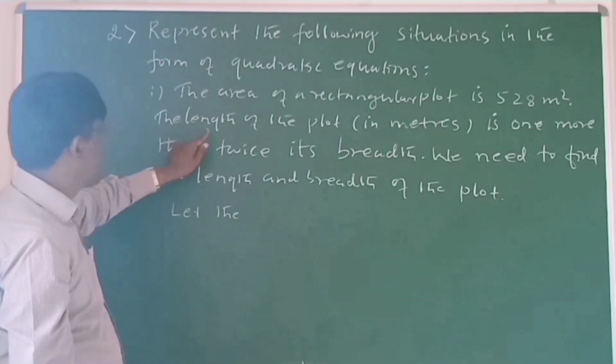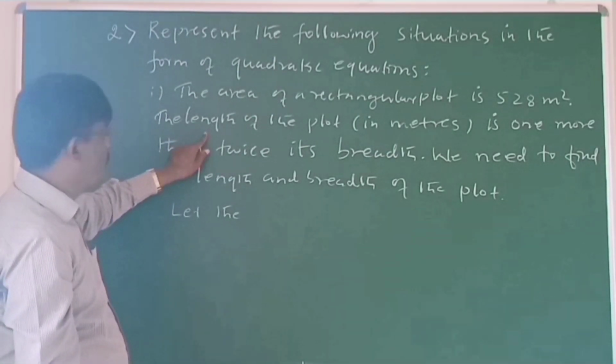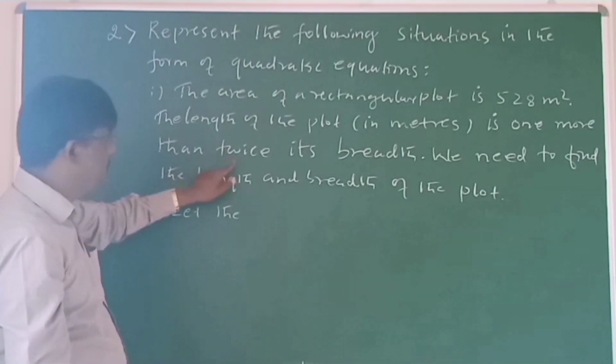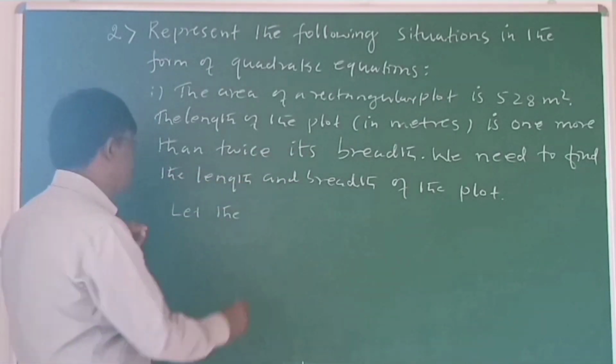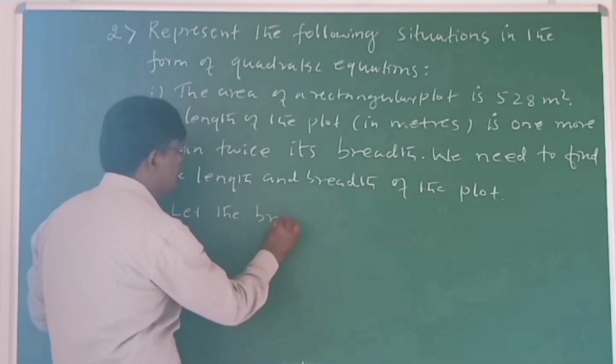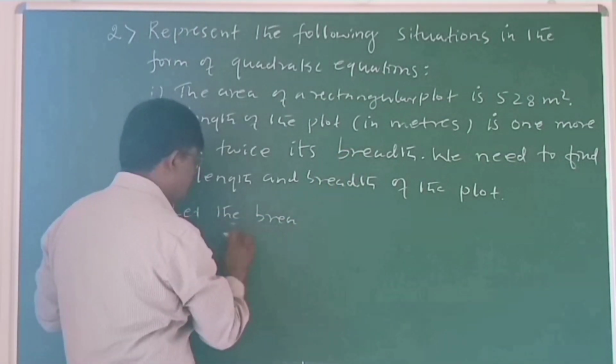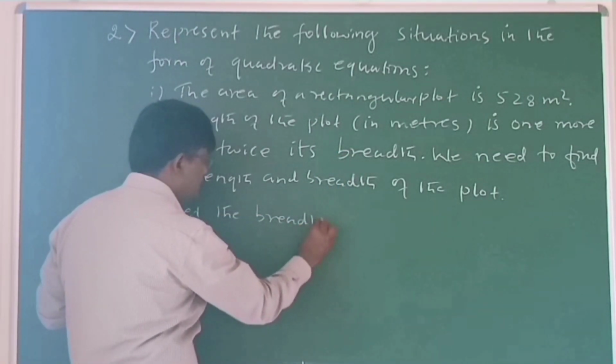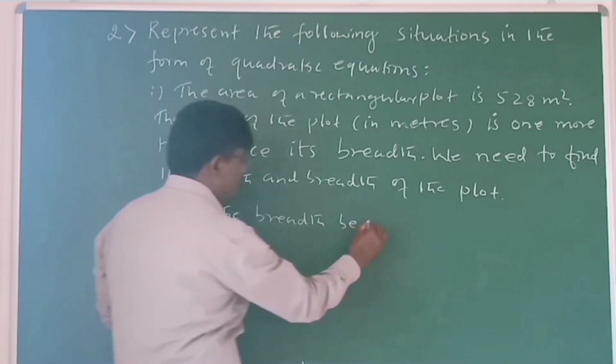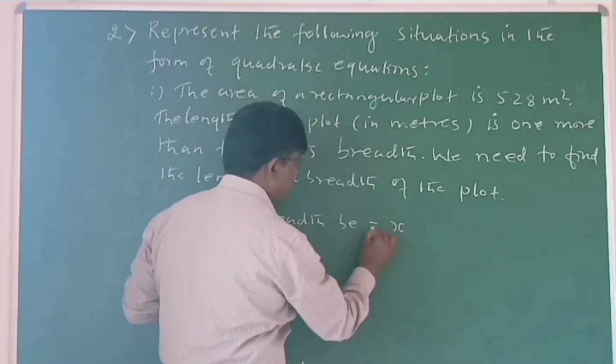Look at here. The length of the plot is 1 more than twice its breadth. Hence, let the breadth be the one with which we compare. You take that as x. Let the breadth be equal to x meter.